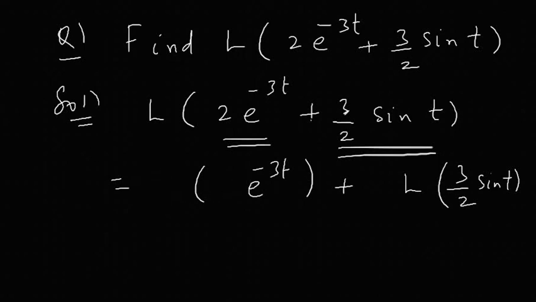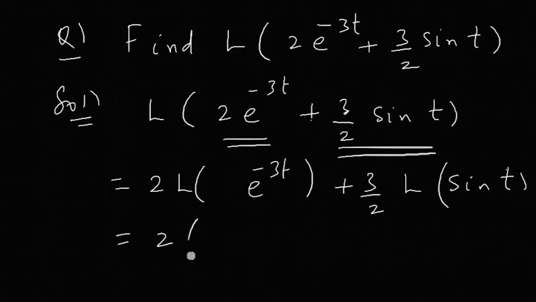So you can write it as 2 times L of this and 3 by 2 times L of sine t. And it can be extended to any number of functions. So if you have 10 functions here, then you can separate it for 10 functions.